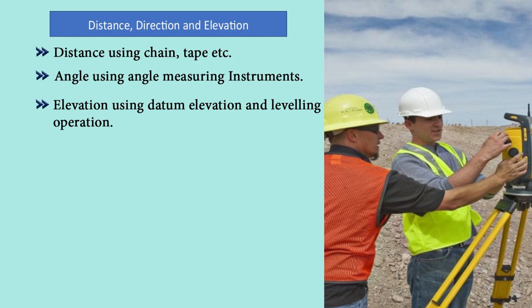If the height of the room in which I am sitting is 3 meters, and if I assume the base of this room as datum with an elevation of 0 meter, then can I calculate the elevation of the top of the room? Yes, the elevation of the top of the room will be the elevation of the base plus the height. So 0 meter plus 3 meter, so the elevation of the top of the room will be 3 meters.